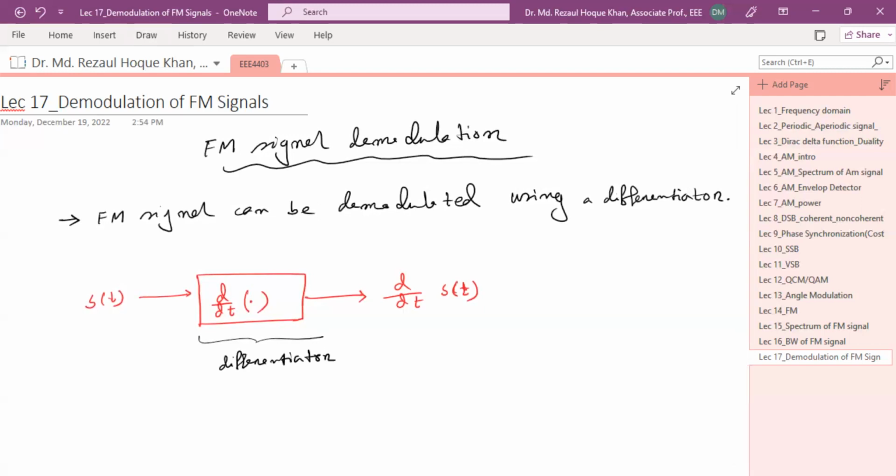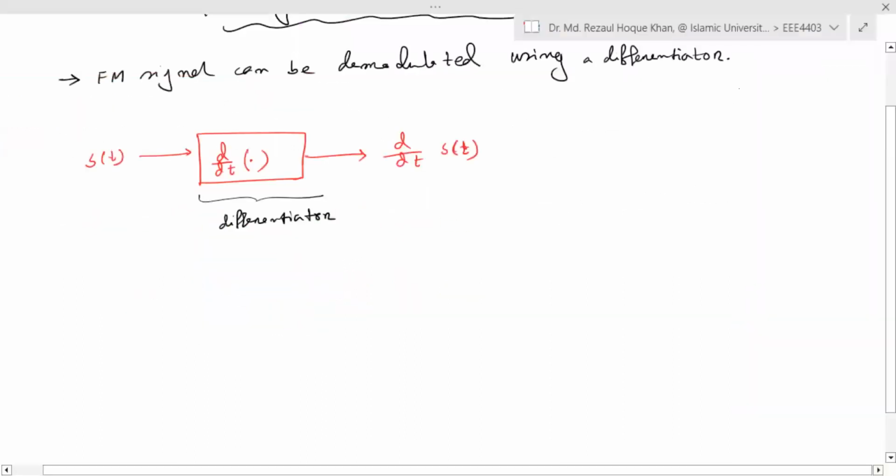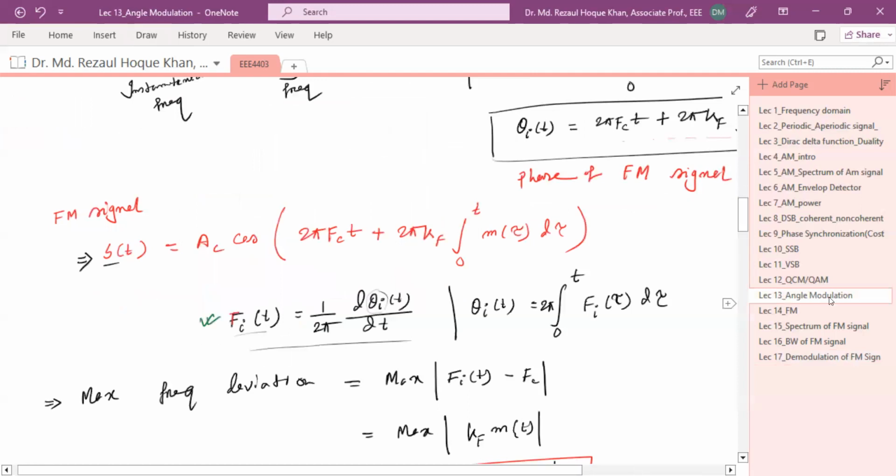Let us write the frequency modulated signal. You have seen the frequency modulated signal before we derived the narrowband or wideband signal. So this is the expression, let me rewrite it.